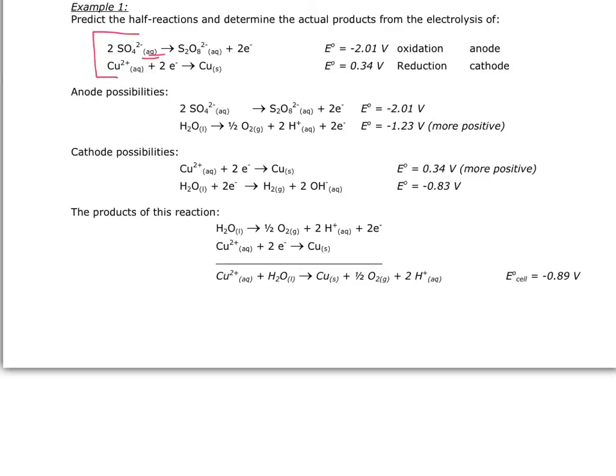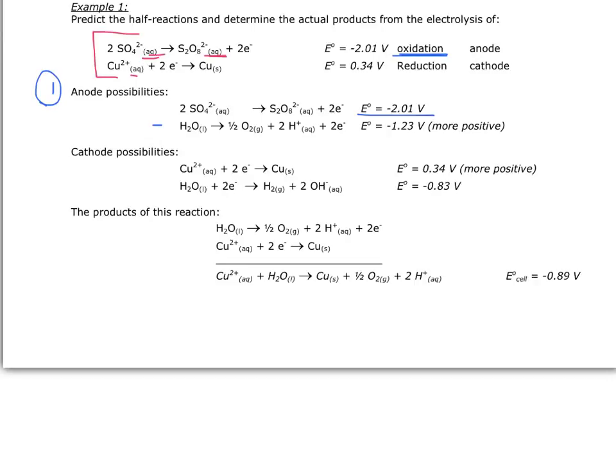Notice that we're working with aqueous solutions, therefore this is an aqueous question. So the first thing we need to do is write out the anode possibilities. Anode is where oxidation takes place, so we'll notice that the first half reaction is undergoing oxidation. So we'll write that down under anode possibilities and we'll carry the cell potential with it.